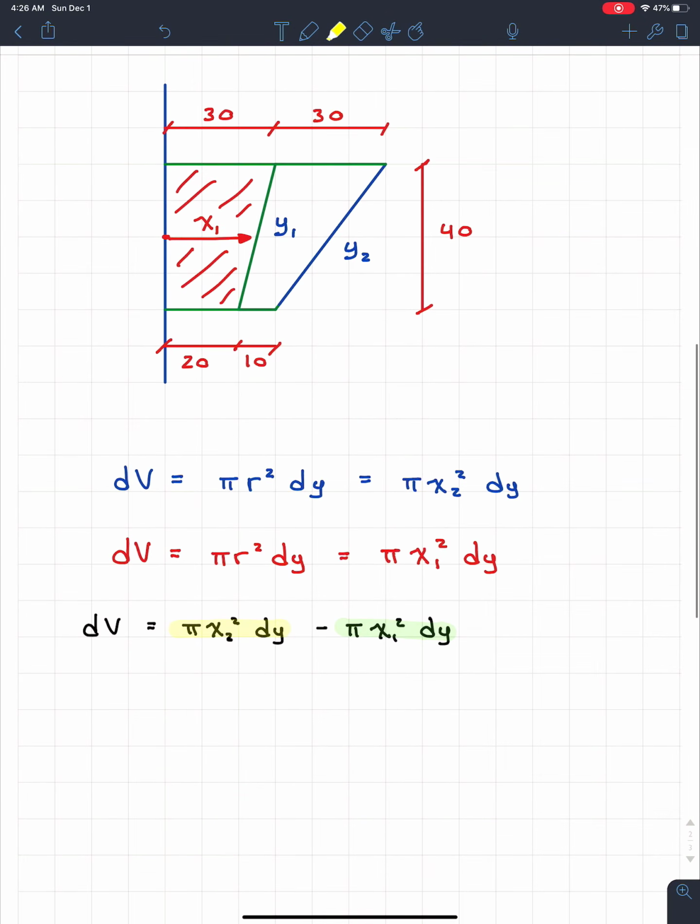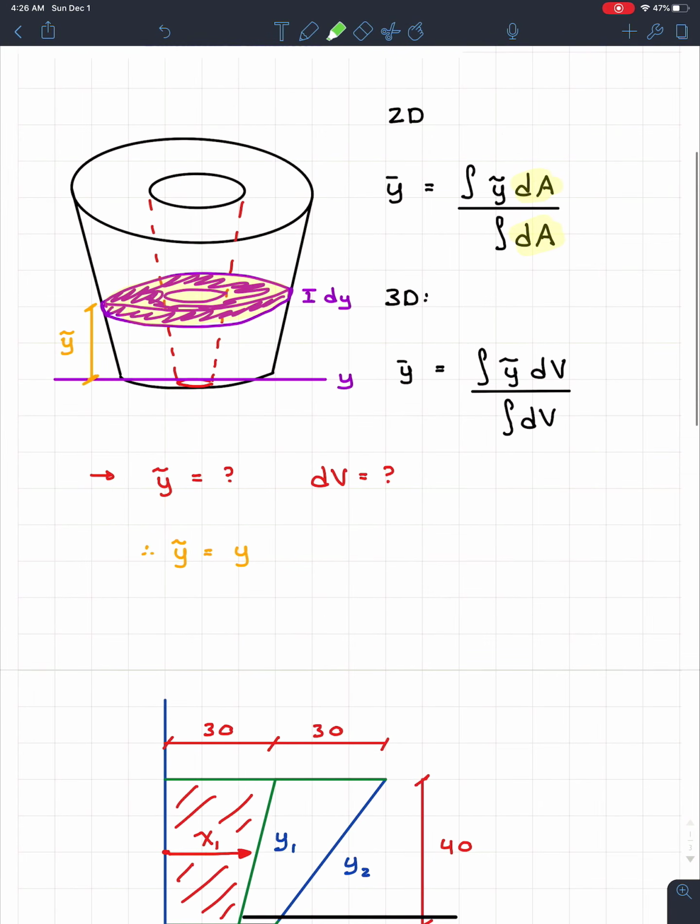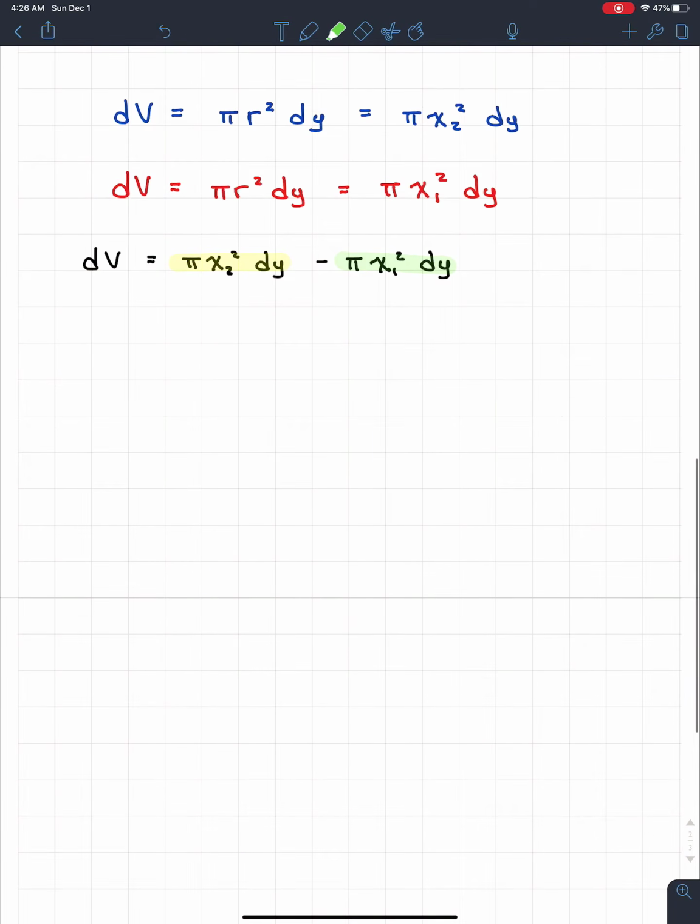To take the hole into account, we're subtracting the volume of the hole, that little green part right in the center. You'll see there are common factors of pi and dy, so dV is equal to pi times x2 squared minus x1 squared times dy.